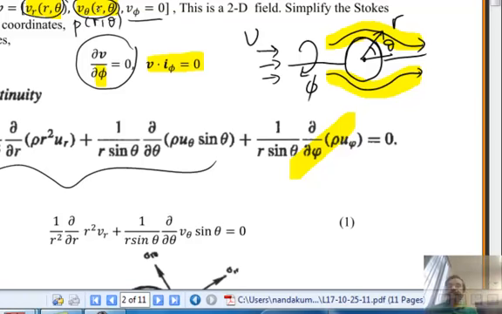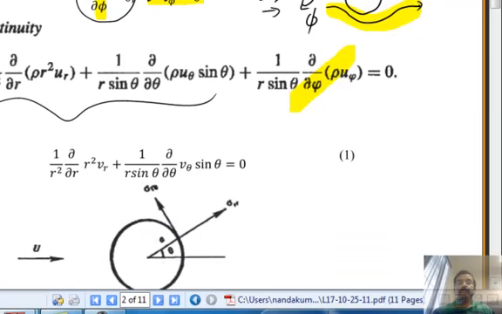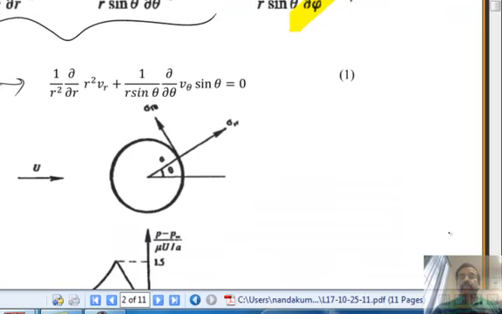Okay. So the continuity equation simplifies to this particular form. Of course, we are assuming that the flow is steady. Okay. One can look at an oscillating sphere as well, but in this particular instance, we are going to neglect that. So that is the continuity equation, and we need to find a stream function that satisfies that continuity equation automatically.